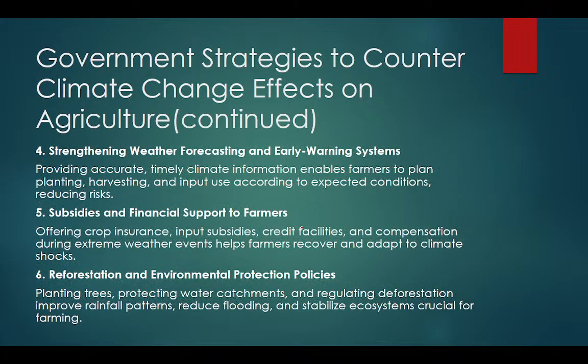Now, fourth one is strengthening weather forecasting and early warning systems. Providing accurate, timely climate information enables farmers to plan planting, harvesting, and input use according to expected conditions, thereby reducing risks. And we know that there are sites that are dedicated to providing real-time weather data.